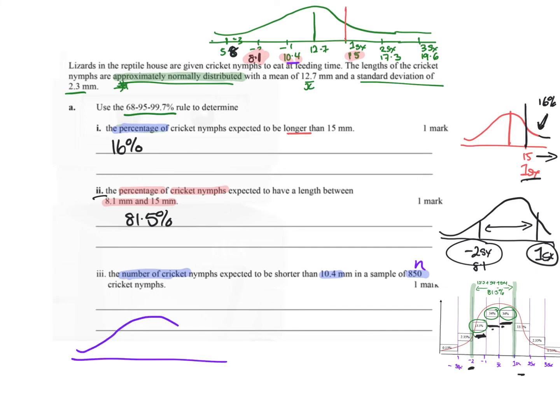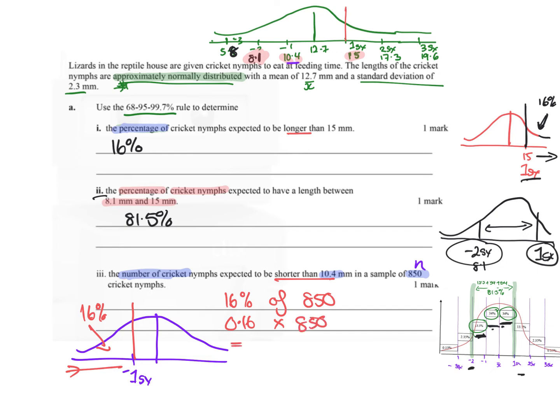So if they want anything that's shorter than that, that would be that way. If we remember, what was this little pocket? It was 16%. So you want 16% of the 850. So you change that to a decimal and times 850. And what's our answer? So it ends up being 136 crickets are shorter than 10.4.